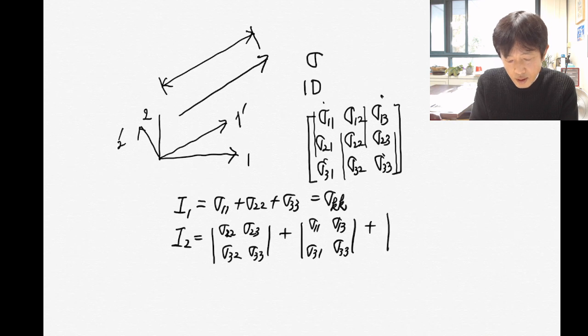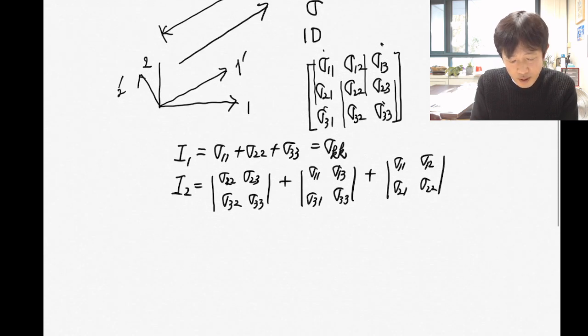And then the third subdeterminant is sigma 1 1 and 1 2, sigma 2 1 and sigma 2 2. In index notation, it is also given by sigma ii sigma jj minus sigma ij sigma ji.